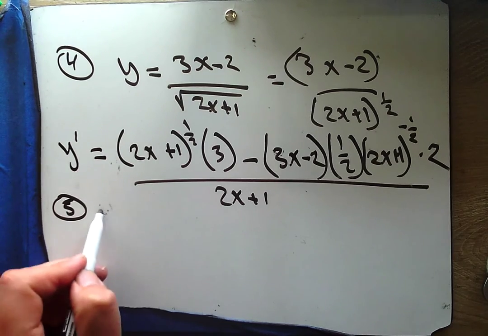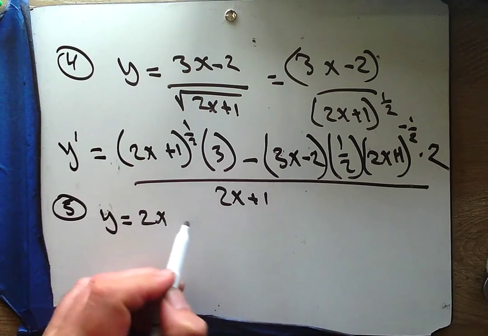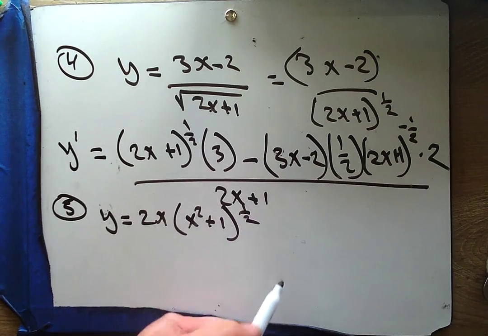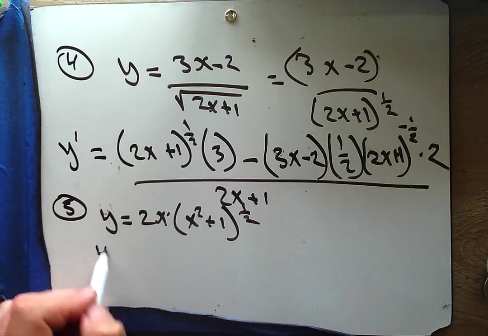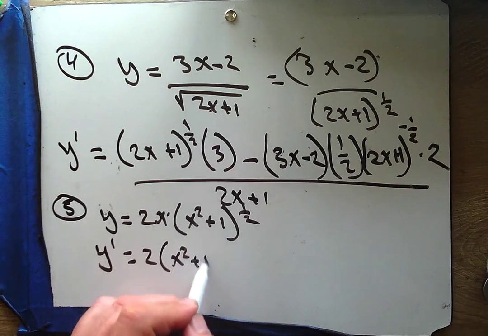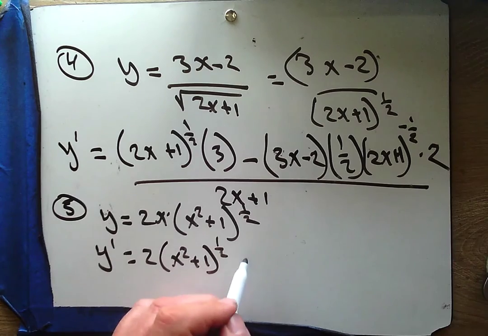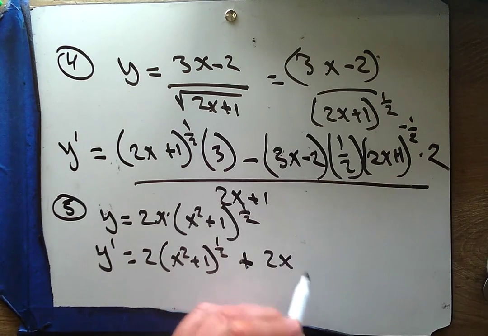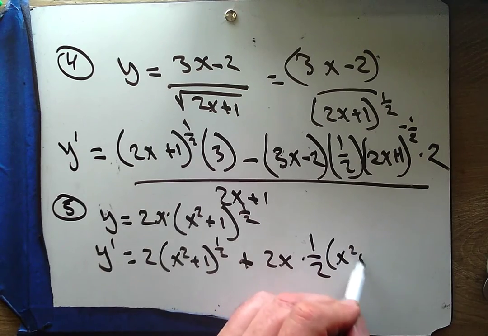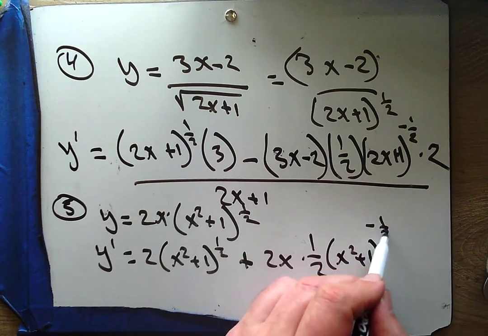All right, y equals 2x times (x^2 + 1)^(1/2). This is product rule, so y prime is going to be 2 (x^2 + 1)^(1/2) plus 2x times the derivative of this, 1 half (x^2 + 1)^(-1/2).